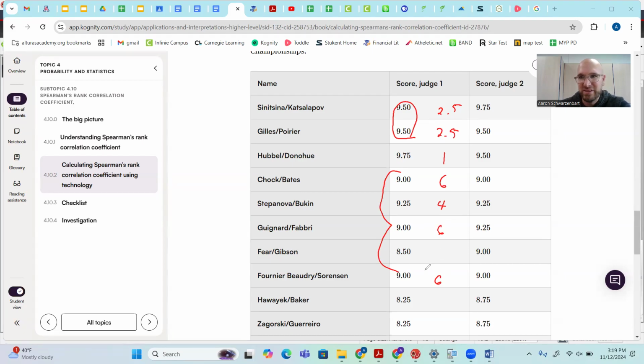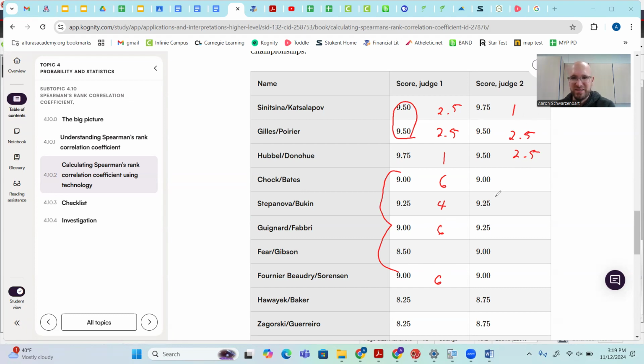So I'm just putting them in order. This is going to be 1. These two are 2.5. I think they ordered them based on overall average score. Nope, definitely not.